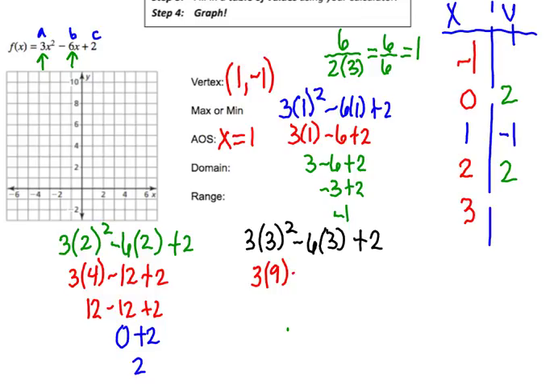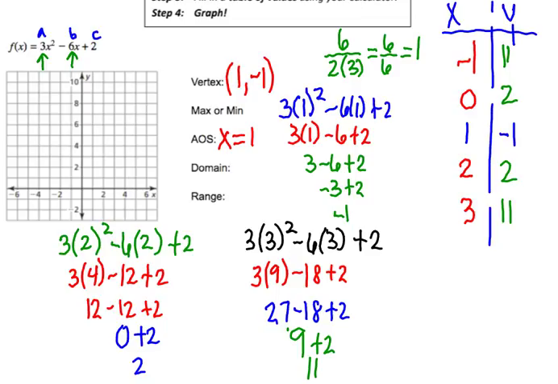Negative 6 times 3 is negative 18 plus 2. 3 times 9 is 27 minus 18 plus 2. 27 minus 18 is just 9, plus 2. 9 plus 2 gives me 11. So we plugged in 3 and we got 11 out, and I know if I got 11 here, my 11 also goes right there. Now we can graph.